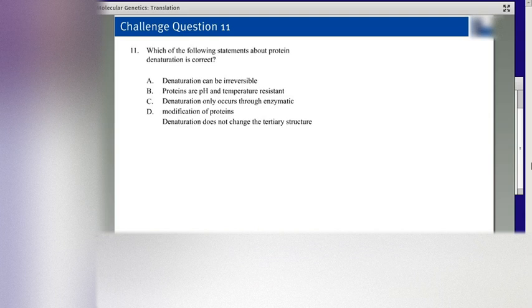Okay? All right, let's try another one. You guys are rocking these. I want to see another pink star before we're done. All right, so I'm going to pause for about 15 seconds and let you get your answers in on number 11.